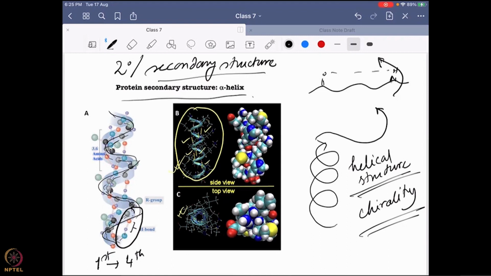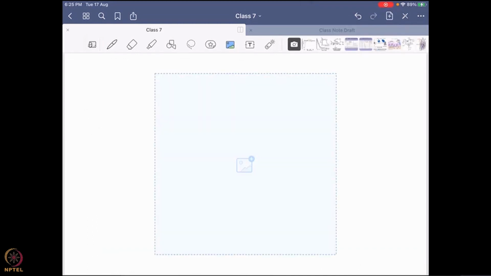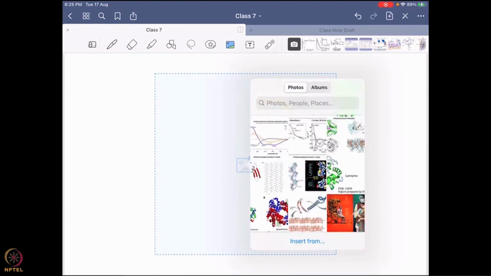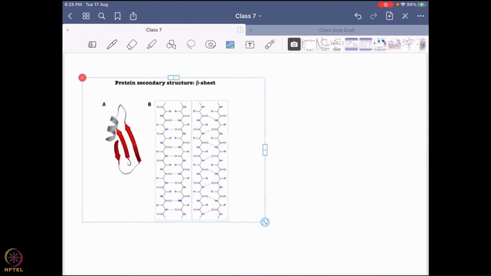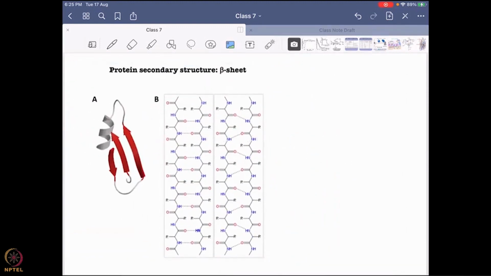Now, the second one that is possible is known as the beta sheet. So how does the beta sheet look like? This is known as the beta sheet, and that can have two different orientations. In the alpha helix, you can see that the same chain is interacting with itself, first to fourth.